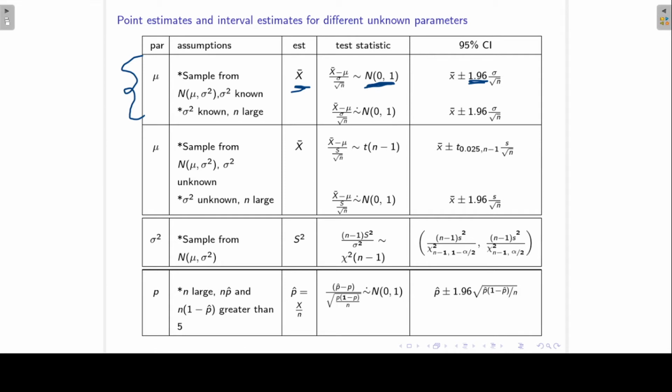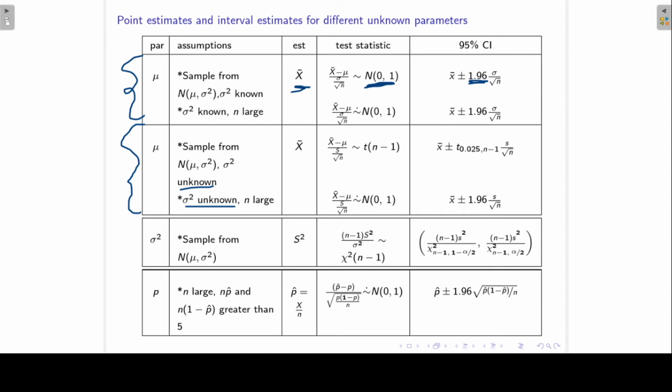Now, if we look at the second section on the population mean mu, that is the situation when the population variance sigma squared is unknown. Now, for the first star, my test statistic is x bar minus mu, and then I divide by s over square root n. S is my sample standard deviation, because my population standard deviation sigma is unknown.